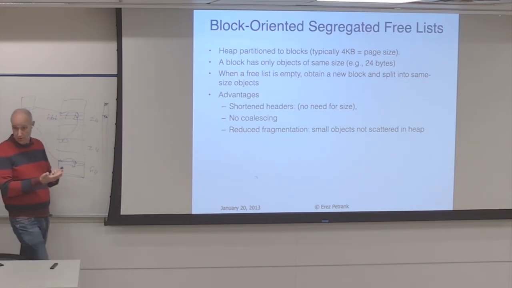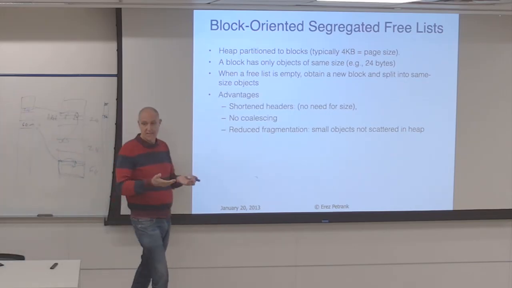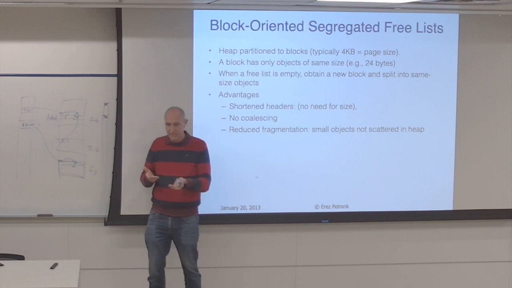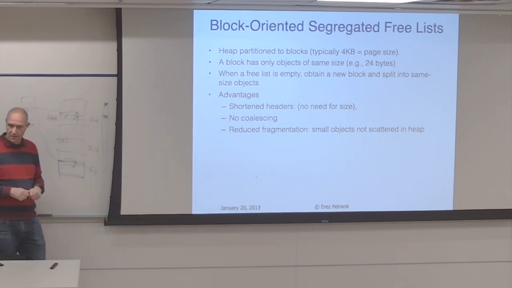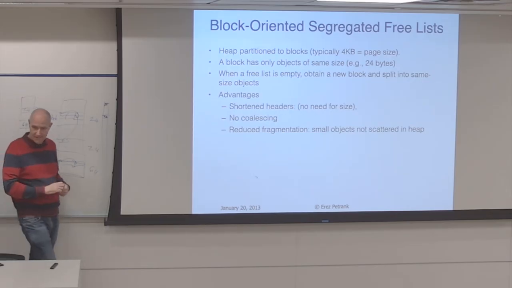Right. In a page, we can only allocate sizes of 4K, maybe even 2K. We don't want to do more. So we'll have to deal with larger objects. I'll have to come to that.